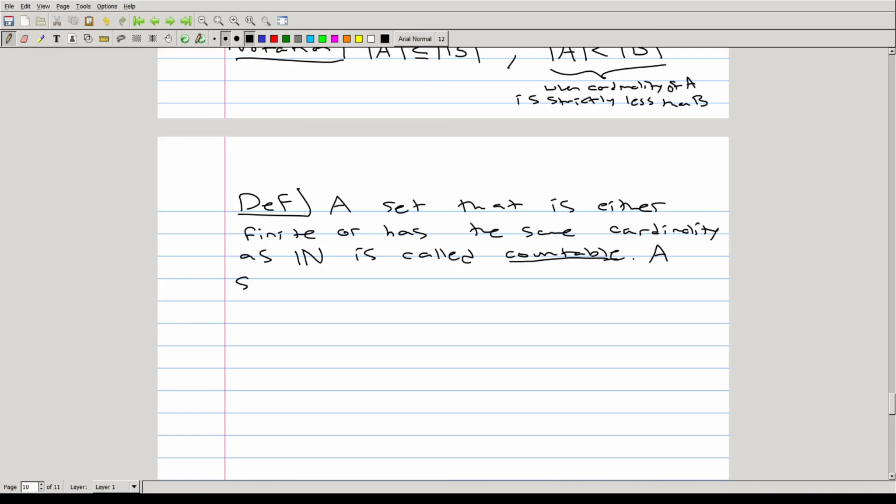A set that is not countable is called uncountable.